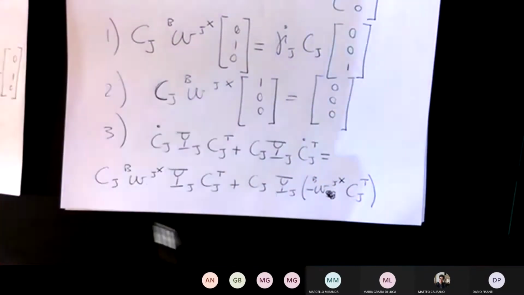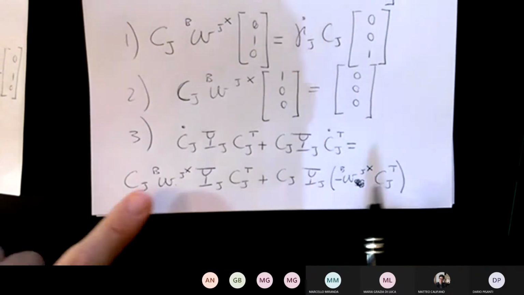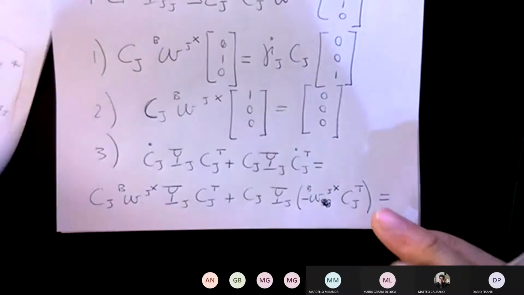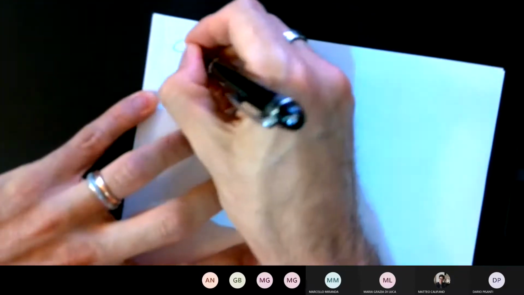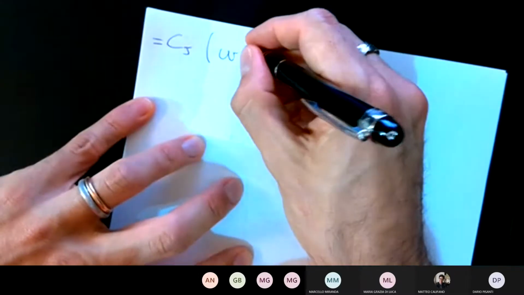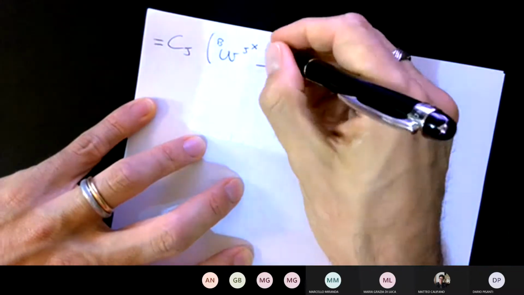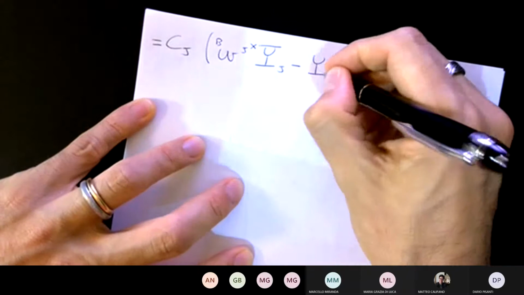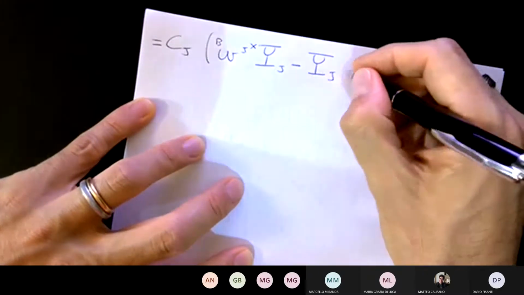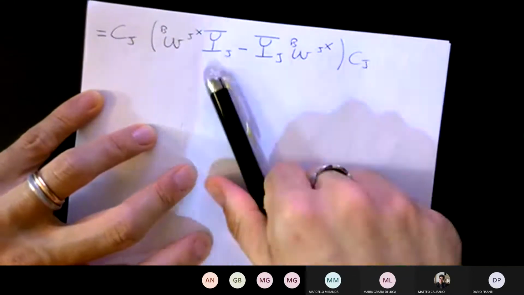So I can collect, see there are similarities, I have Cj, Cj transpose, so I can rewrite this, and it is going to be Cj that multiplies the omega j with respect to the body skew symmetric matrix that multiplies just this component, the matrix of the assembly, minus again the matrix of inertia of the assembly, j omega jb skew symmetric matrix that multiplies Cj transpose.